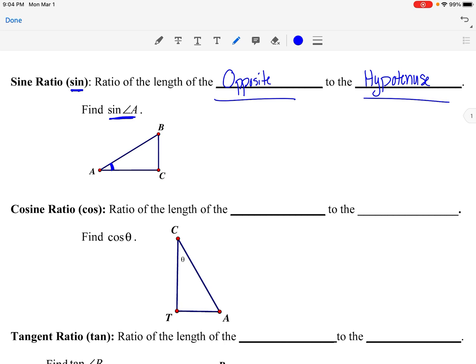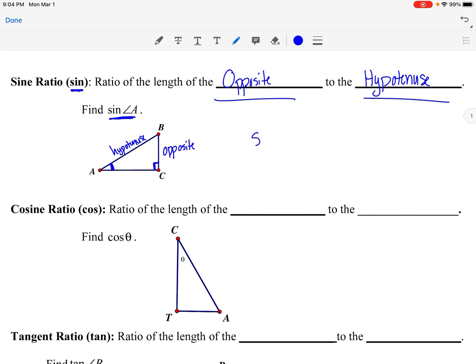The opposite side is on the opposite side of the triangle from the angle, so this one over here is our opposite side. The hypotenuse is always across from the 90-degree angle, right here, and it is always our biggest side. You have to go based off of the angle that you're given.